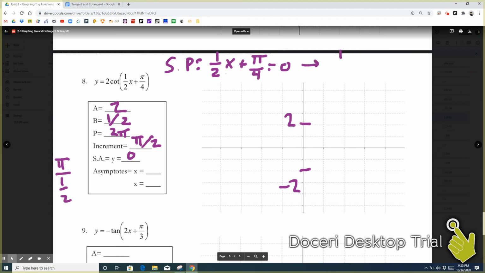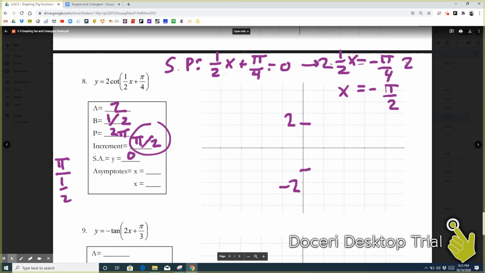So we can subtract pi over 4, and then multiply both sides by 2. And we get x equals negative pi over 2. All right, so I just set what's in the parentheses equal to 0 and solve for x. So our starting point is at x equals negative pi over 2.